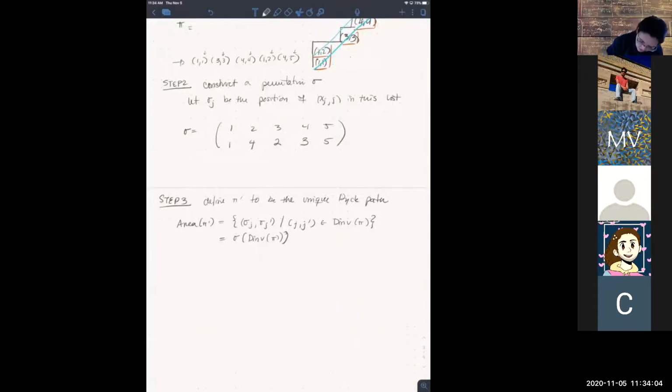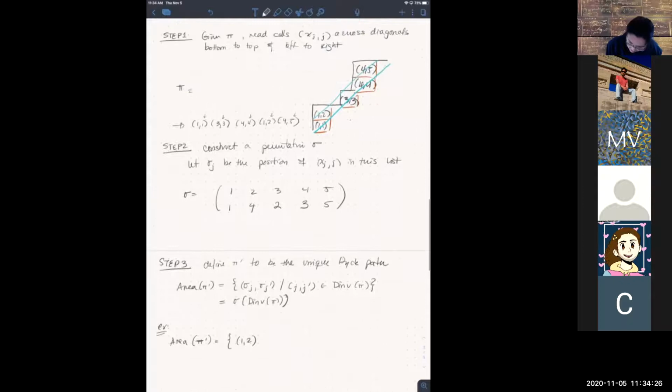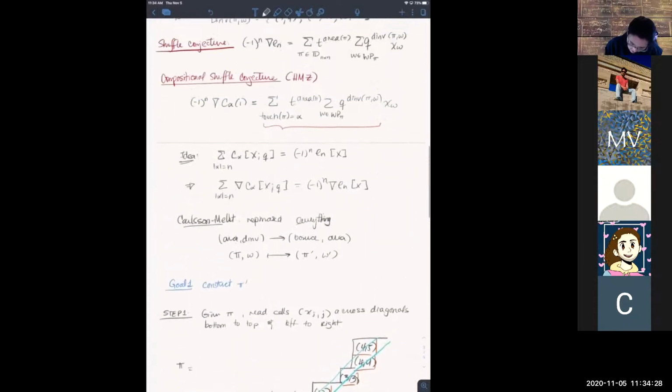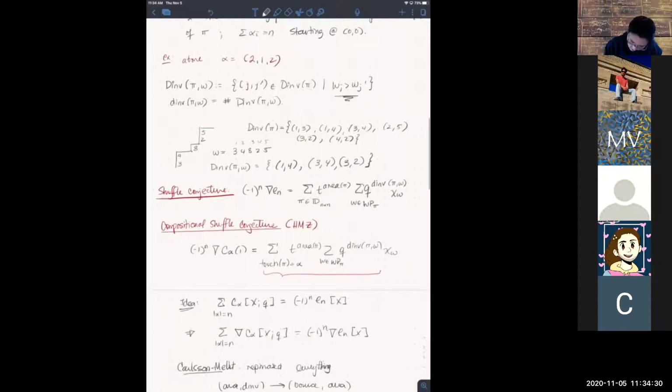Okay, so then if we go to the previous example, the area of pi prime is going to be, well, we just do exactly what this is saying. We're going to get the set 1, 2, y. Cool. So we're going to look at these pairs that were in div of pi. So where is div of pi? Let's go find it.